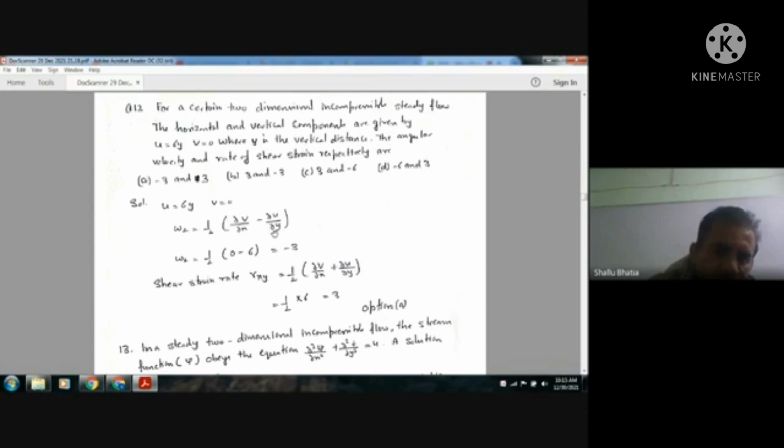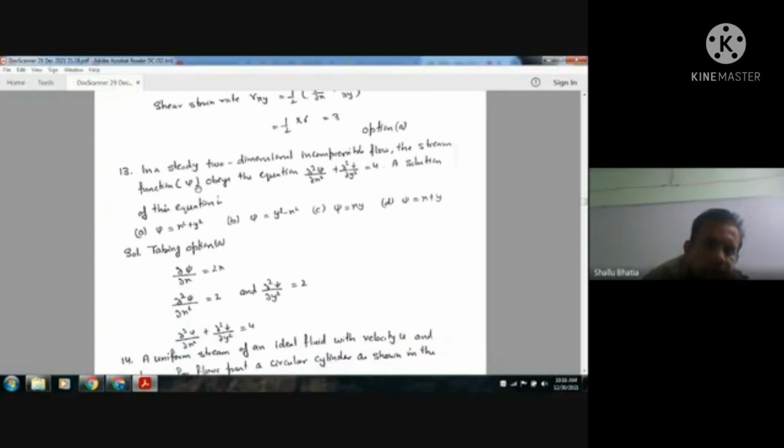So this is the formula. Here ∂v/∂x is 0 and ∂u/∂y is 6. Putting these values we get omega z as minus 3, and for shear strain it will be 3. So the answer will be A, minus 3 and 3.